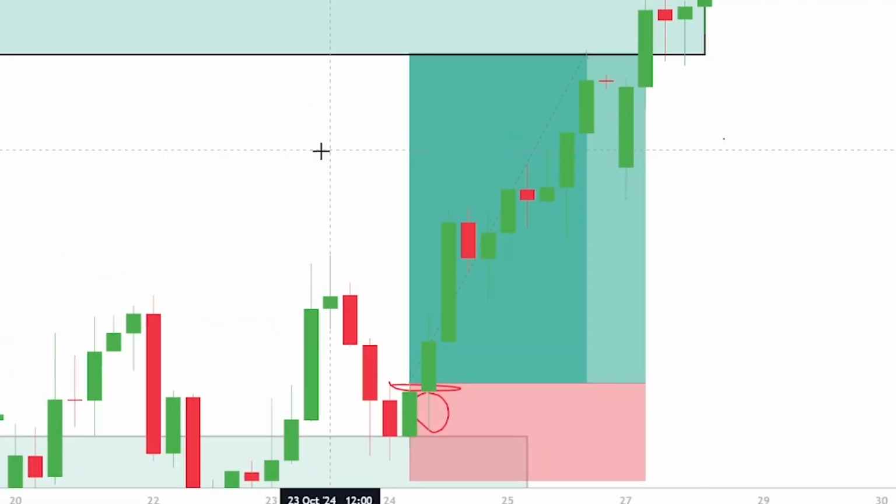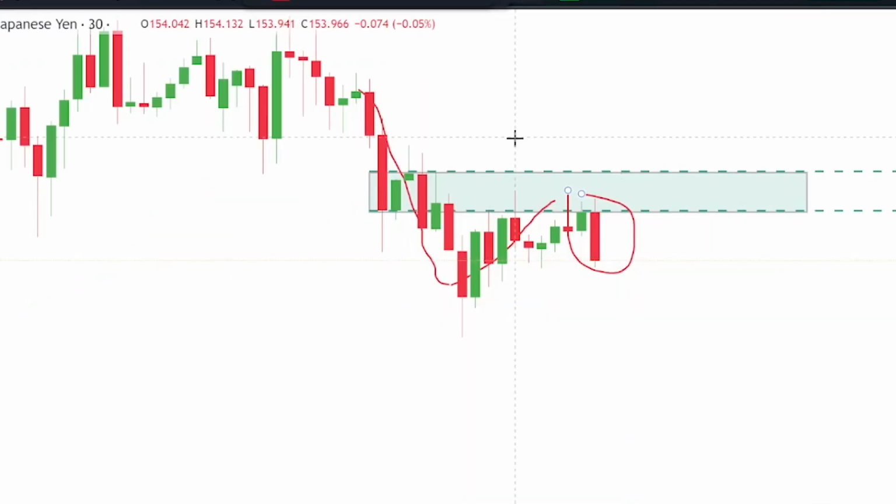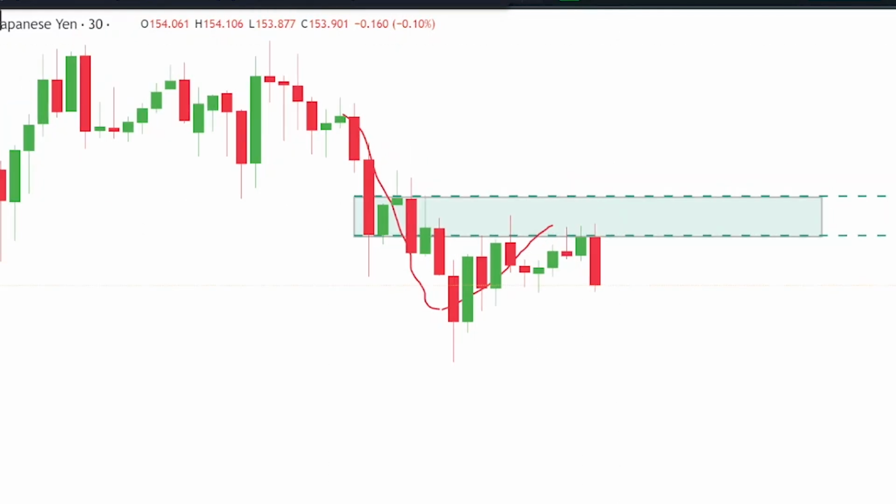So that's how you move on the side of buyers, with the confirmation of the candle making a low before making a high. Then after making a low, you enter when the candlestick starts breaking above the high of the previous candle. So if you are a day trader or a scalper, this strategy is very powerful.